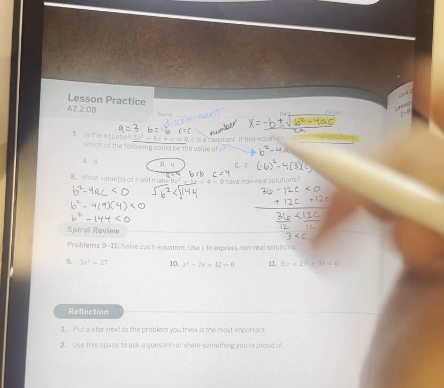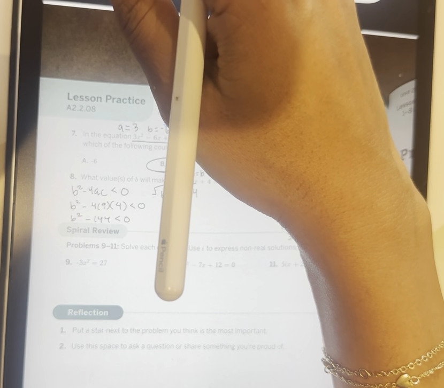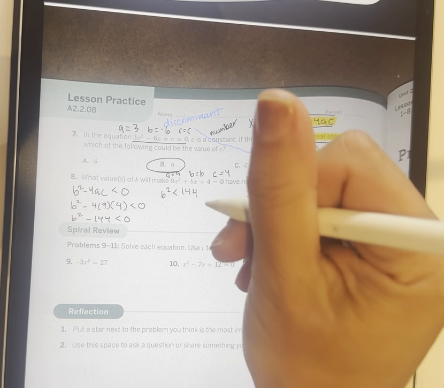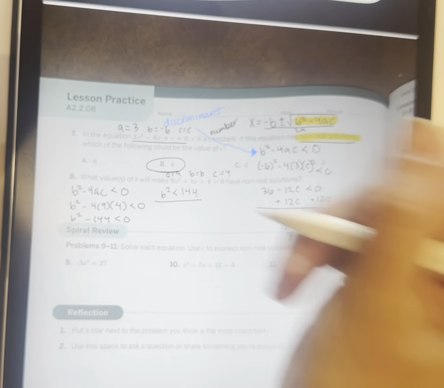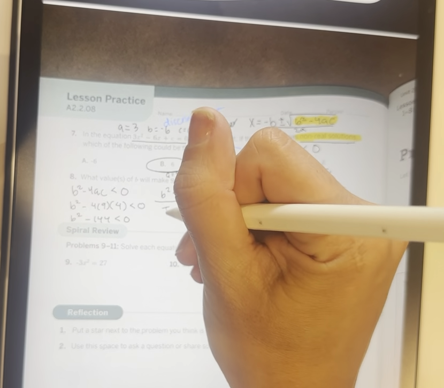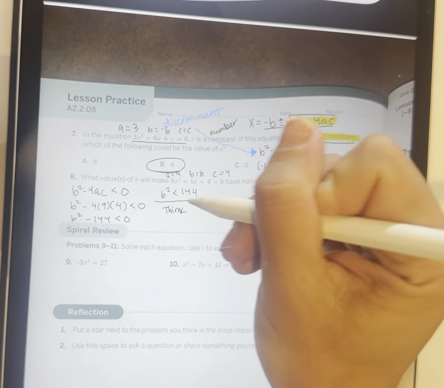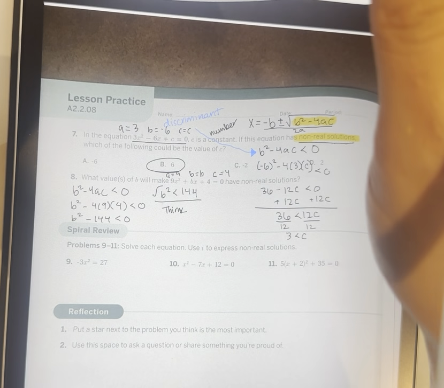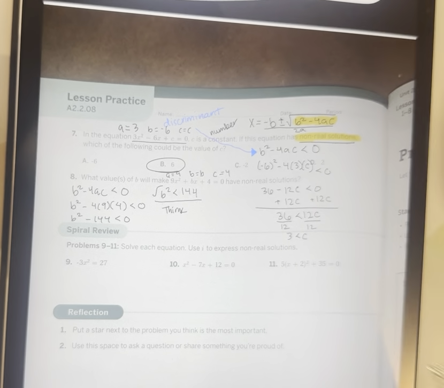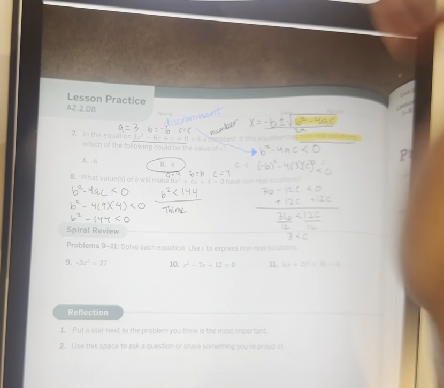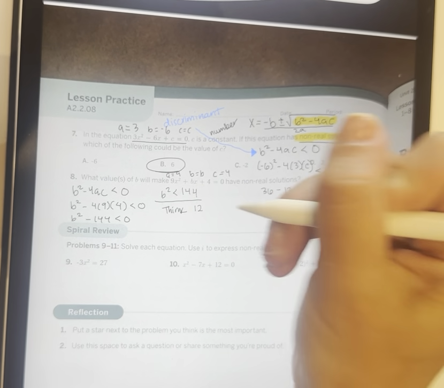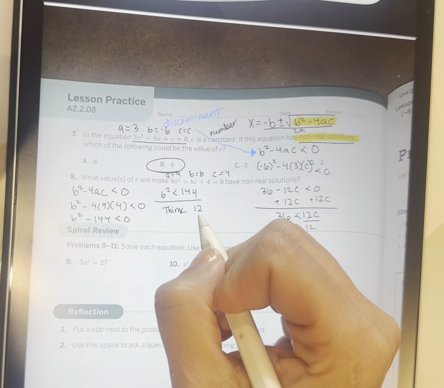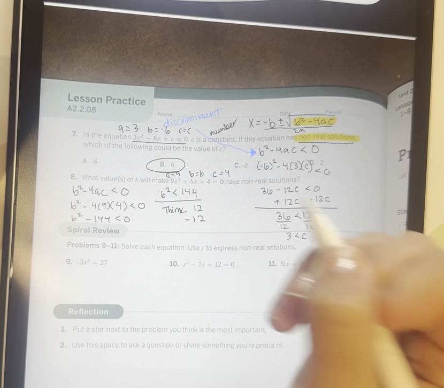I don't know if you guys have done this by now, but at this point, you need to think about it. You know that the square root of 144 is 12, okay? So I want you to realize that the magic number is for sure 12, but also negative 12, right?